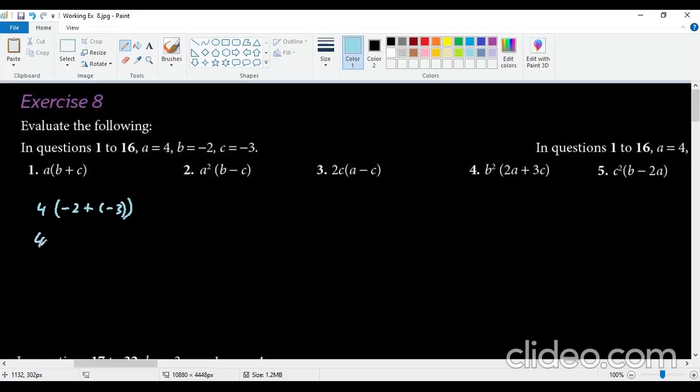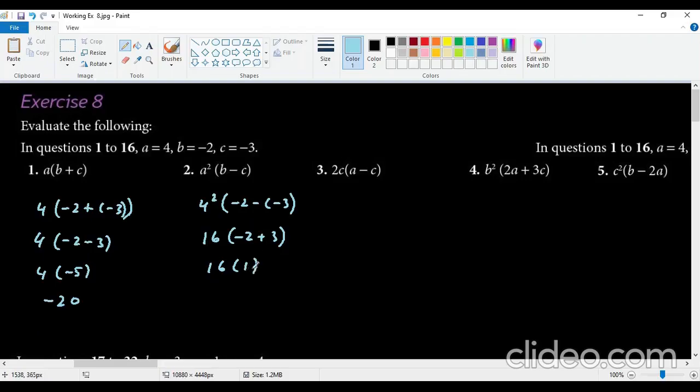Now -2 minus 3 is going to give us -5, and -5 multiplied by 4 is going to give you -20. Now in here the value of a is 4, so a squared is 4 square. B value is -2 minus the value of c, which is -3. So I'll be solving this way. 4 square is going to give you 16, and -2 + 3 is going to give you +1. That means 16 is the answer for this question.